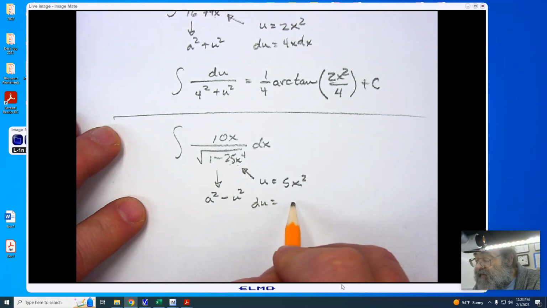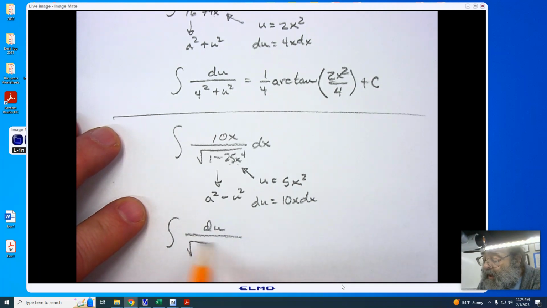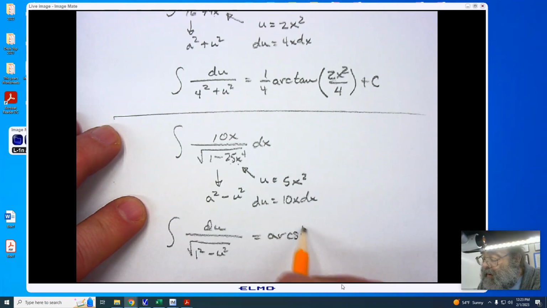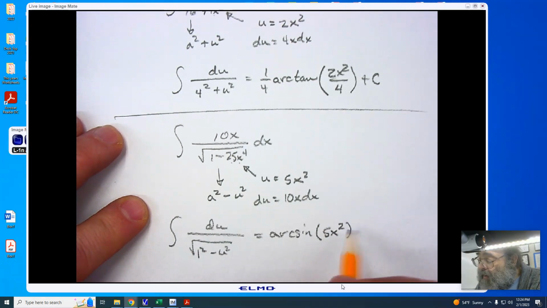Notice when I take the derivative to find du, I get 10x dx, and I can now do a direct substitution. The du goes in the numerator, and I have the square root of 1 squared minus u squared, which I know is the arc sine of u divided by 1, which will just leave me 5x squared divided by 1 plus c.